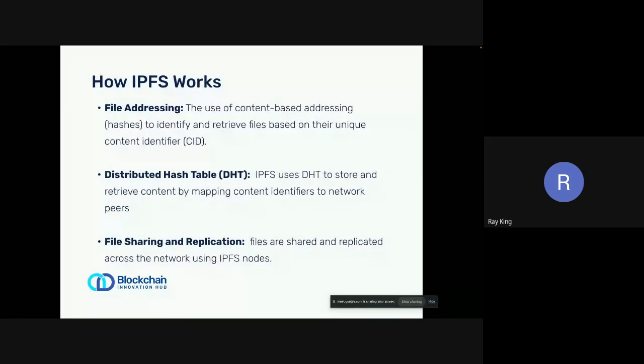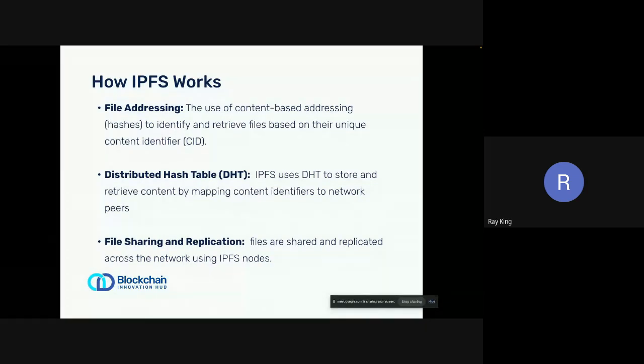Now, how does it work? We have file addressing. As we said, files are addressed by their content, meaning the unique hash of the content is used to locate and retrieve the file rather than relying on a specific server or location.